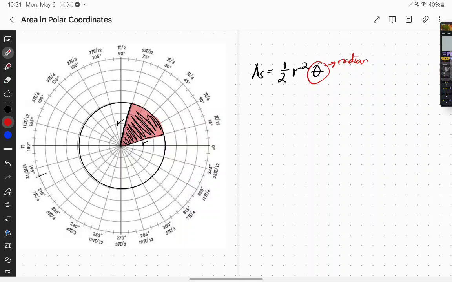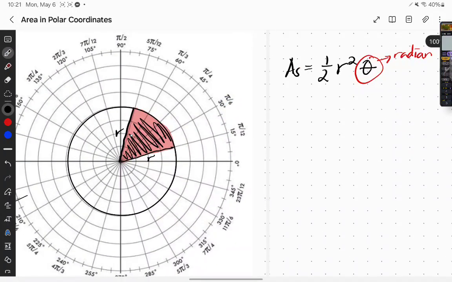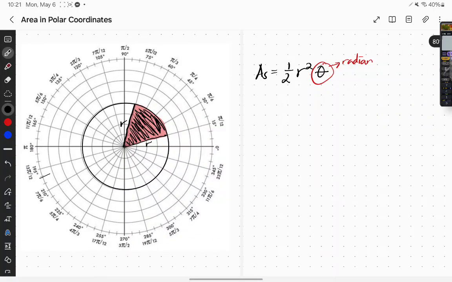So let's say we have to take the area of this sector. We are only given r and our theta, wherein it started at 15 degrees or pi over 12 and it stopped at 5 pi over 12.